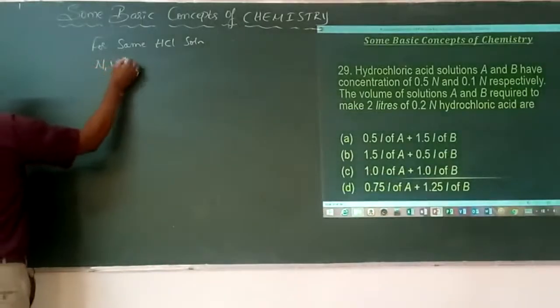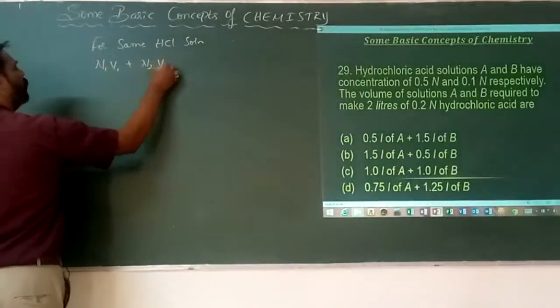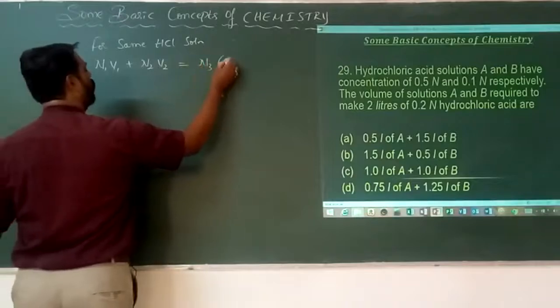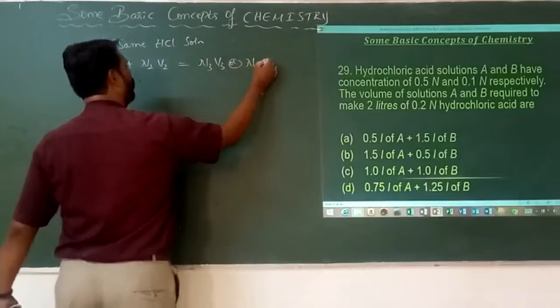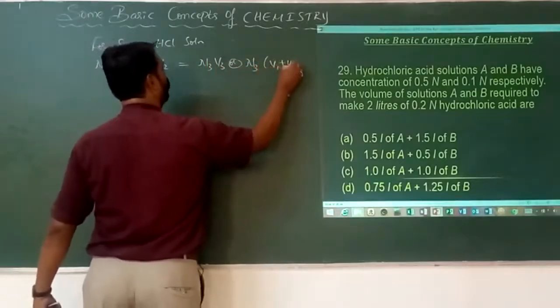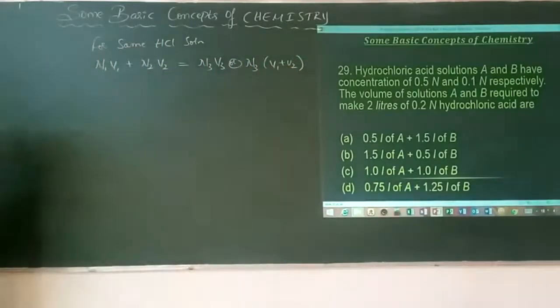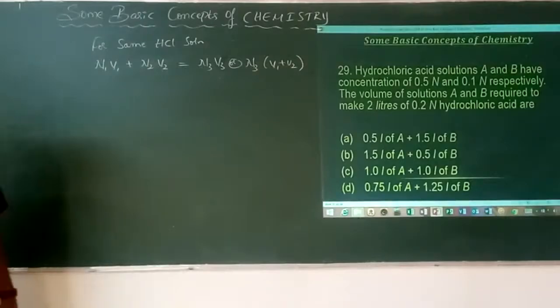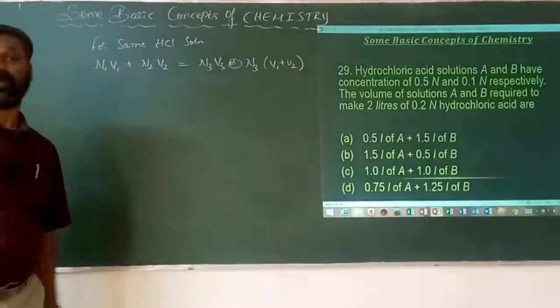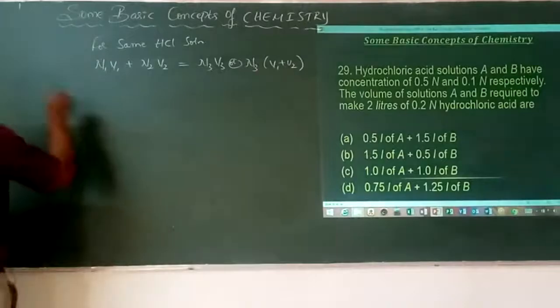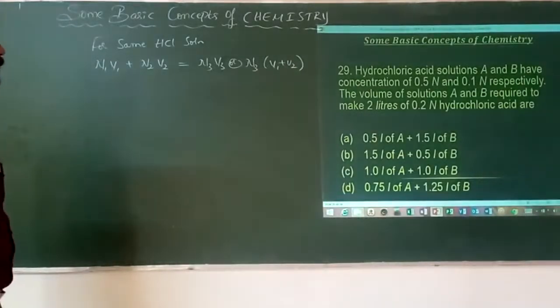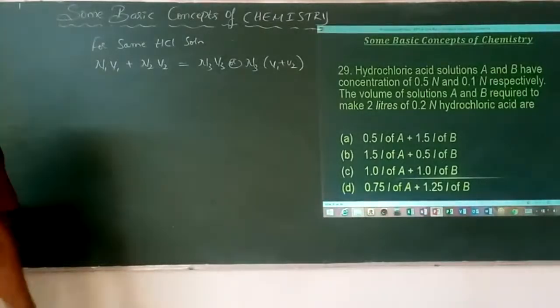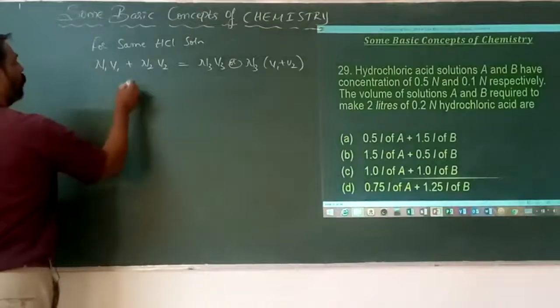N1V1 plus N2V2 is equal to N3V3. This is for mixing the same solutions of different concentrations. Here the final solution is 2 liters of 0.2 normal HCl.